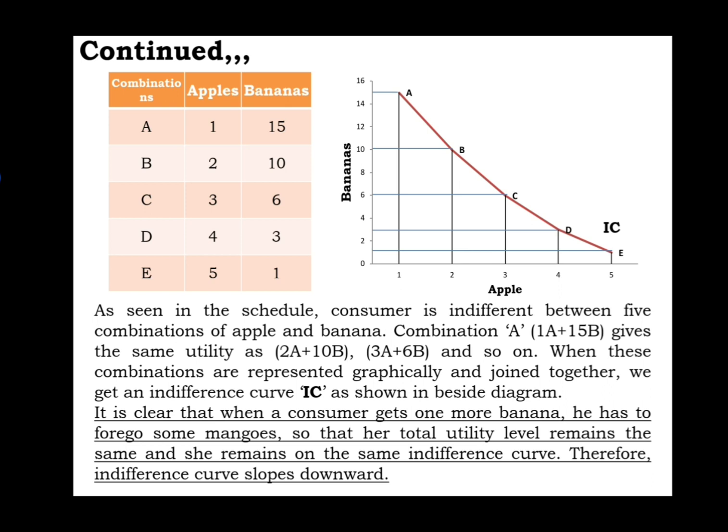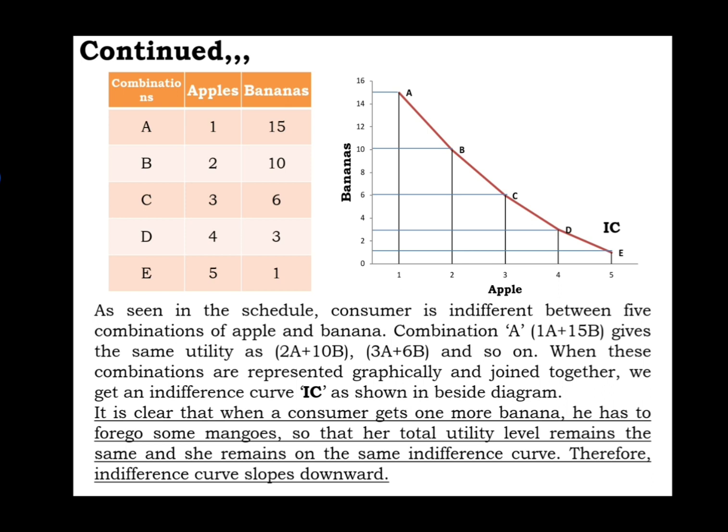It means to remain in the same level of satisfaction, that consumer has to forgo the other commodity at a diminishing rate. So just see the rate of that banana which we forwent to have one more apple.